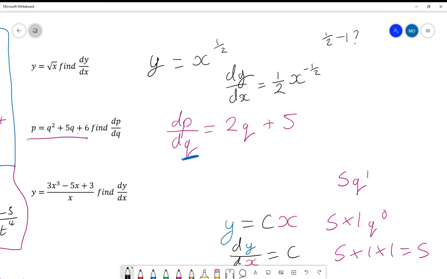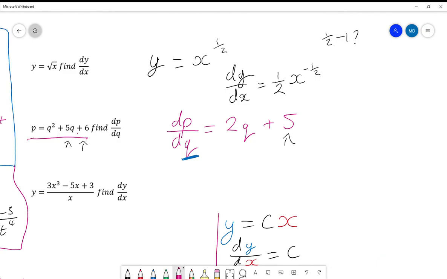Basically, the x disappears, or you can think of it as x to the power of 1, and then see that that power becomes 0, and so the x disappears either way. However you like to remember it, the key point here is we're going to get 5. When we differentiate that 5q, we get 5. And then lastly, when we differentiate the 6, we get 0, and it disappears. So another rule you might want to write down and remember.